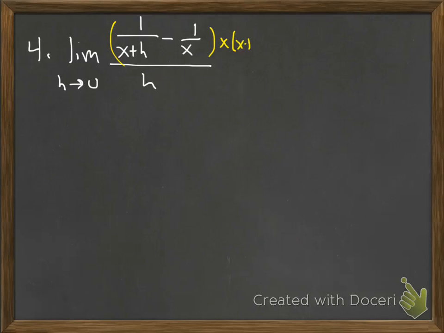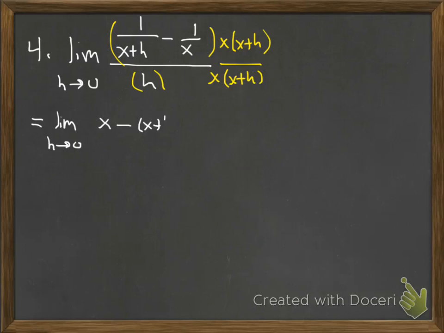So the LCM of the top is x plus h. So I'm going to multiply both the numerator and the denominator of the big fraction by x plus h. And then when we clean that up, we'll have x minus parentheses x plus h, all over hx and then x plus h.